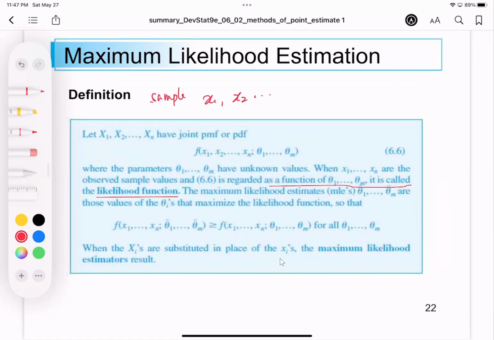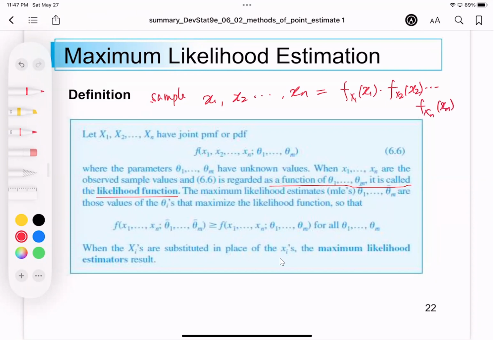And from the simple random sample, we try to get the joint probability distribution of them. And this joint probability distribution is going to be the product of each one of them: f of x1 at x1, f of x2 at x2, and up to the last one, xn at xn.